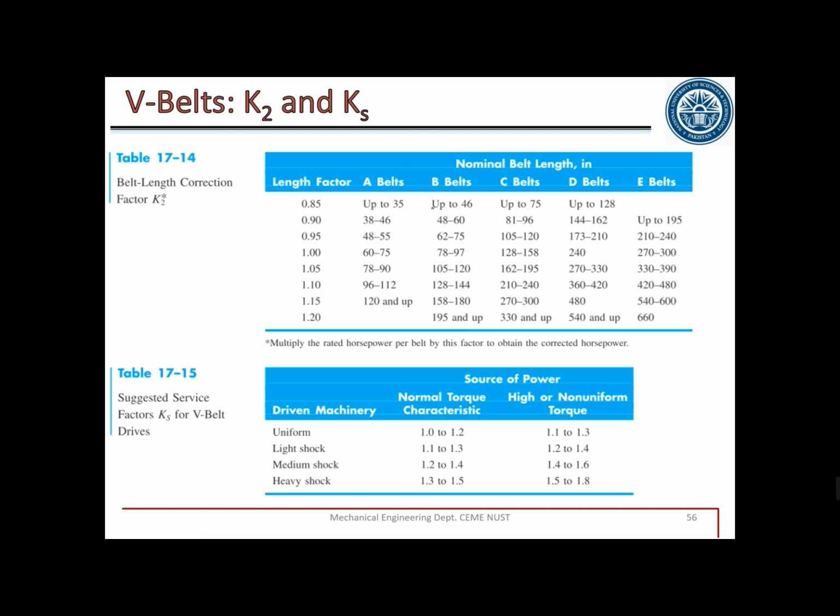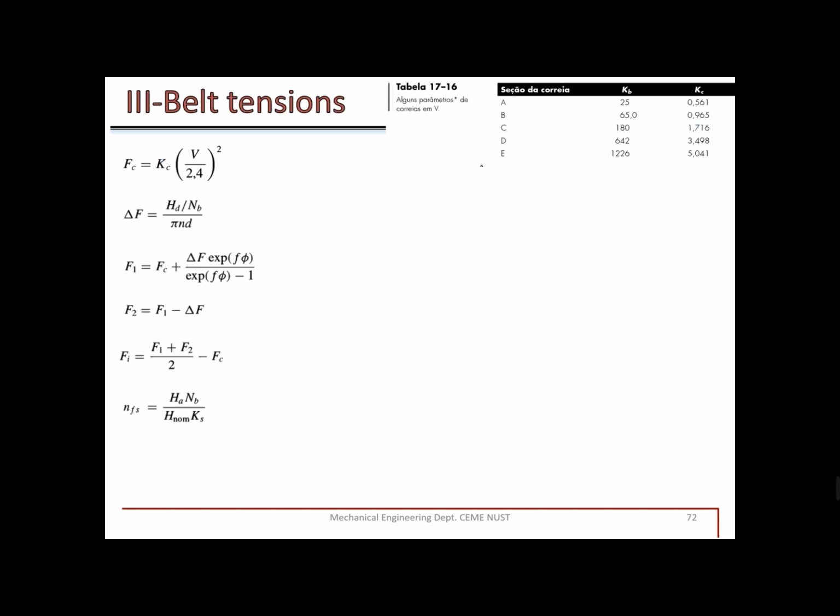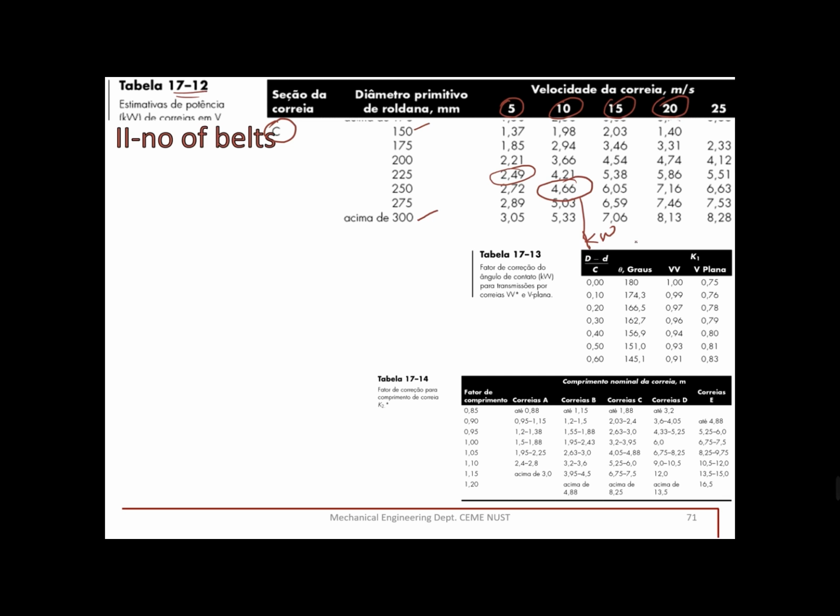Similarly for K2, if you know the belt length, again go to the SI edition tables that I have placed here. For example, for a B-type belt length of 3.22 meter or 3200 mm, you will have a correction factor of 1.1. Similarly, a B-type belt of more than 4880 mm will give a correction factor of 1.2.